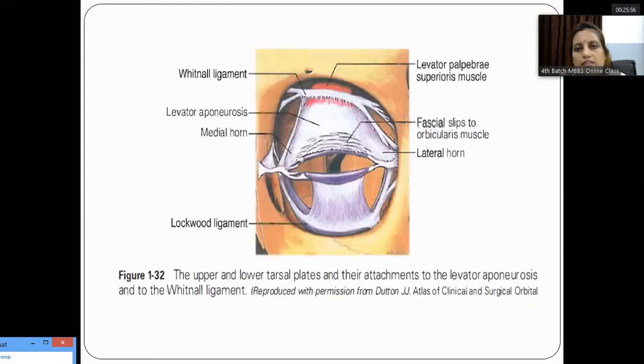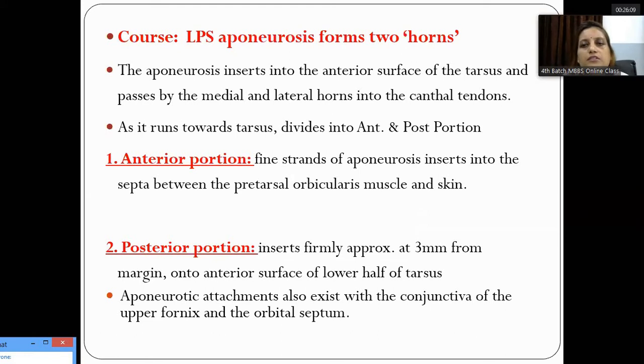If you see in this picture, this LPS muscle at the tarsal plate divides into an anterior portion and a posterior portion. The anterior portion of the aponeurosis inserts into the pretarsal orbicularis and skin. Thus it forms a groove and fold of the skin.